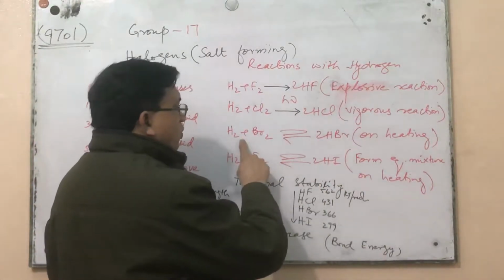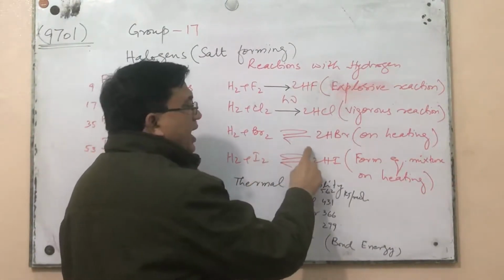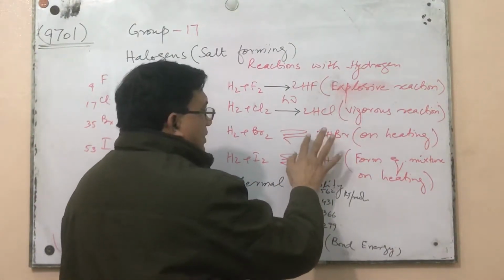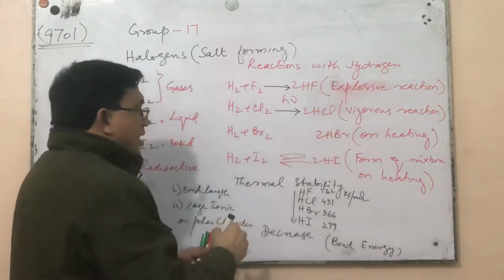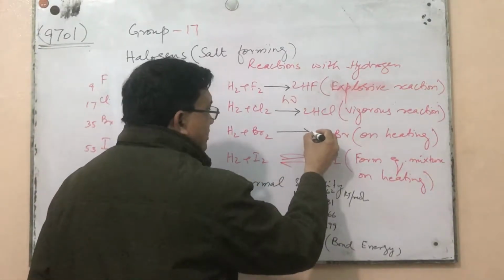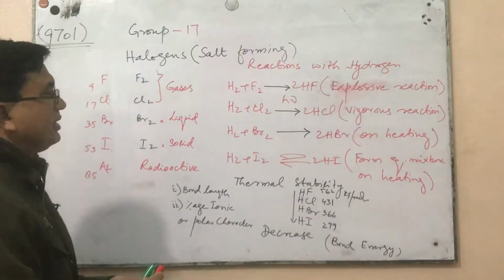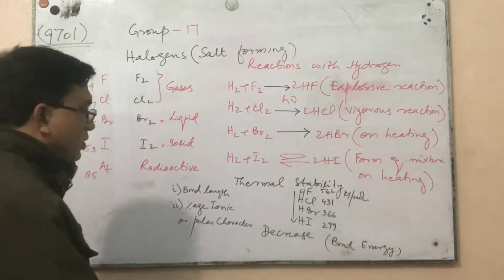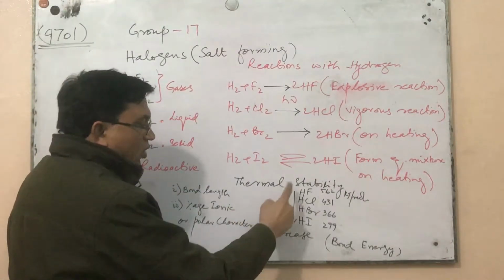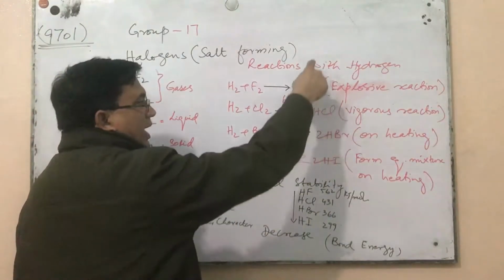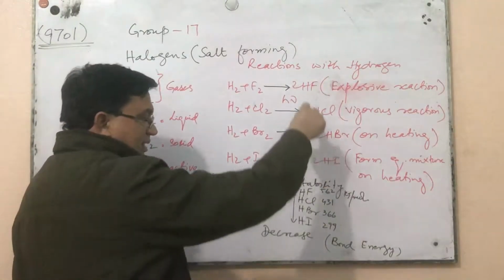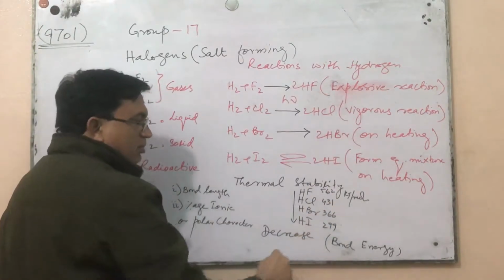Similarly, in the case of the reaction of hydrogen and bromine, the reaction can also be represented by a single-headed arrow. Why is this? Because the thermal stability of all these halogen acids decreases from top to bottom.